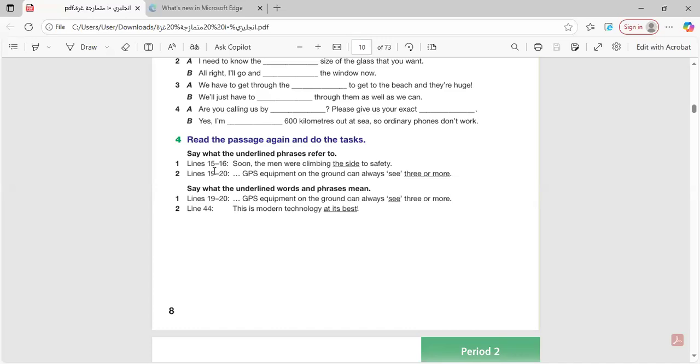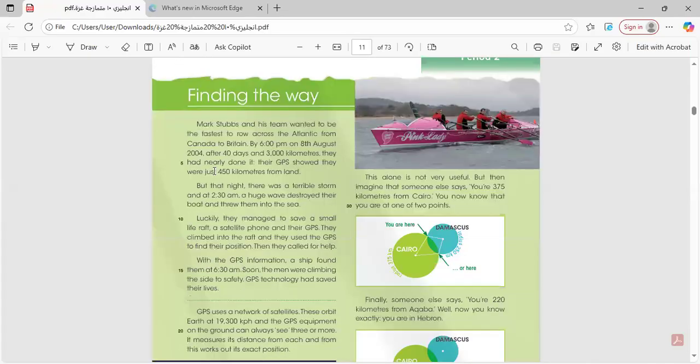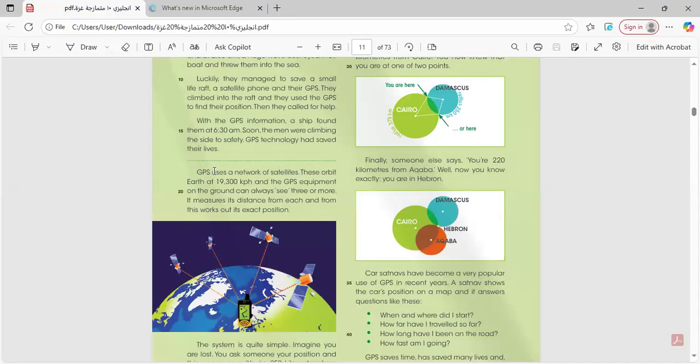Line 19 to 20: GPS equipment on the ground can always see 3 or more. Let's see here in the passage, lines 19 to 20. GPS uses a network of satellites. These orbit Earth at 19,300 kph, and the GPS equipment on the ground can always see 3 or more. Okay, 3 or more what?